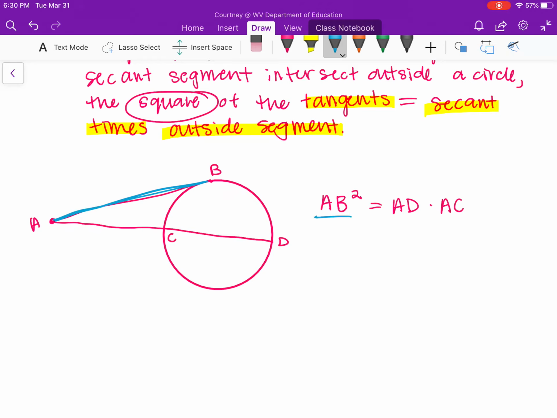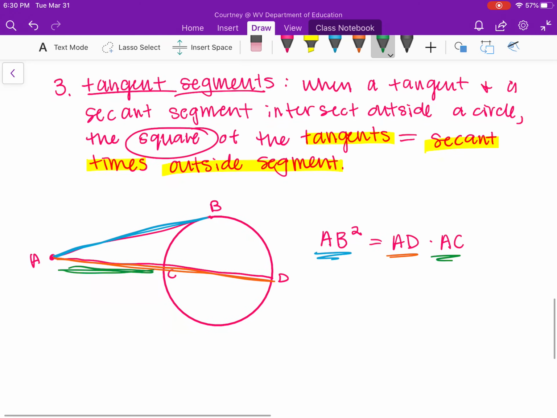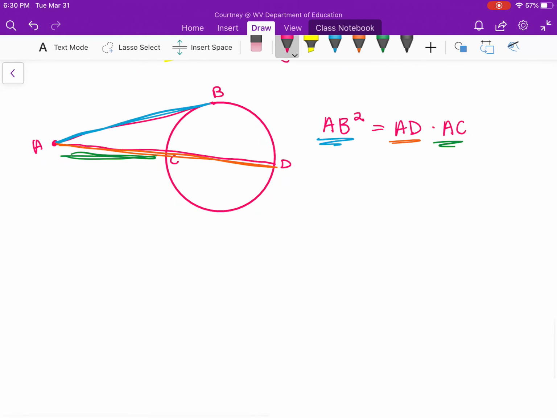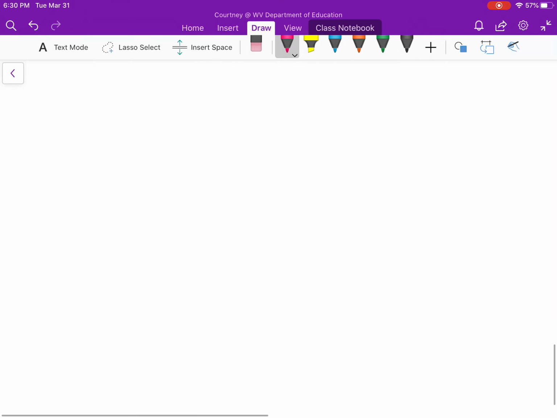So this AB squared equals orange, the entire segment, times the green, the outside. Okay? I know these are kind of very specific rules, but we'll go down to our last example 4, and then we're finished.